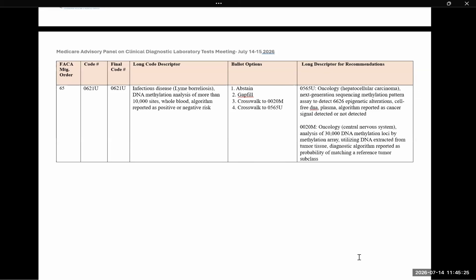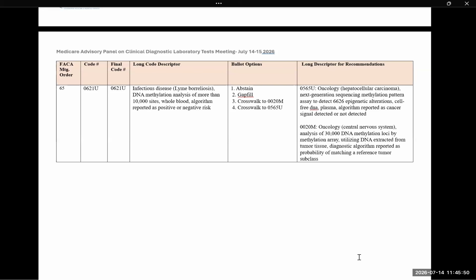It's a genome-wide DNA methylation assay run on whole blood. The laboratory profiles more than 10,000 methylation sites and applies an algorithm that reports as positive or negative risk result for Lyme disease. It is one of 12 near identical methylation classifiers that True Diagnostics has submitted. It's all built on the same array and the same analytical pipeline for pricing.